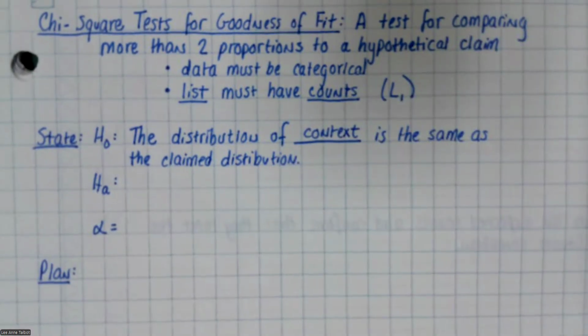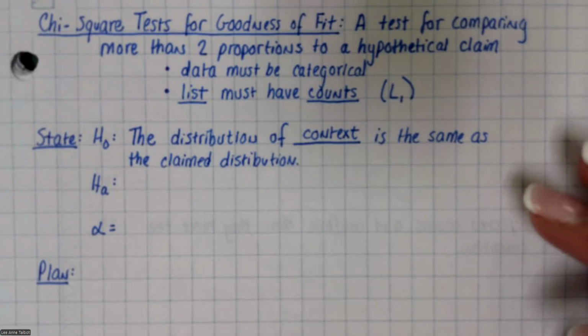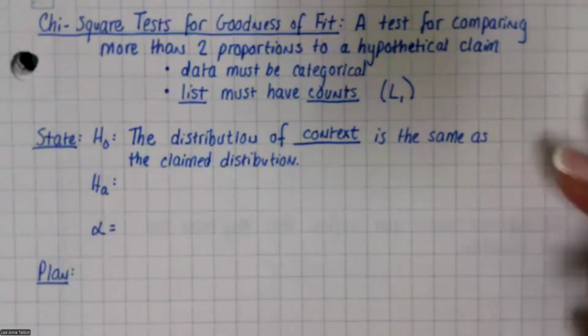Okay, because there's so many proportions and so many different samples, we're too lazy to list them all out. So we just say a really, really vague sentence that covers everything. We just say, oh, the whole distribution is same as the claim.